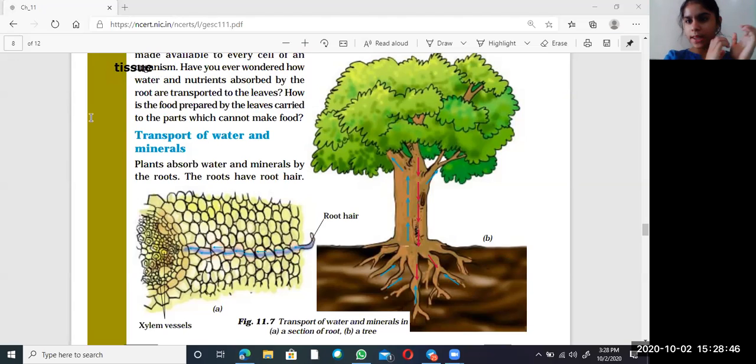Not the tissue napkin that you use, but a tissue. According to biology, what is a tissue, everyone? I hope that you all have not forgotten what a tissue is. Let me just write it.